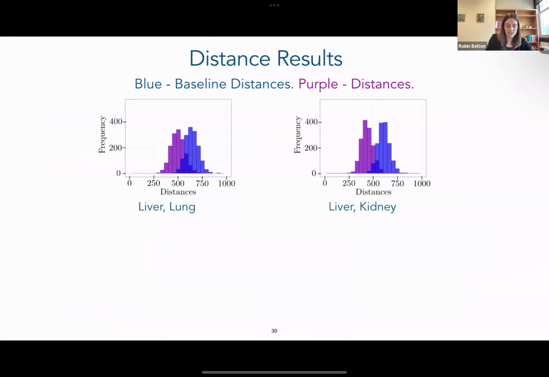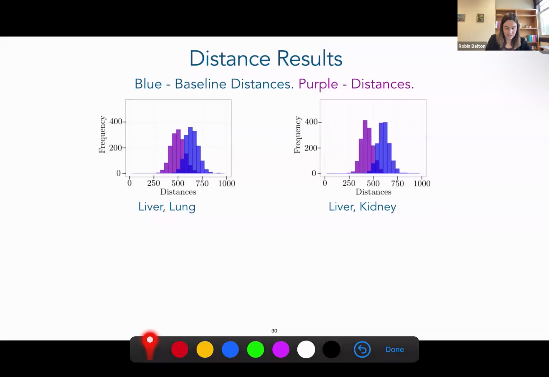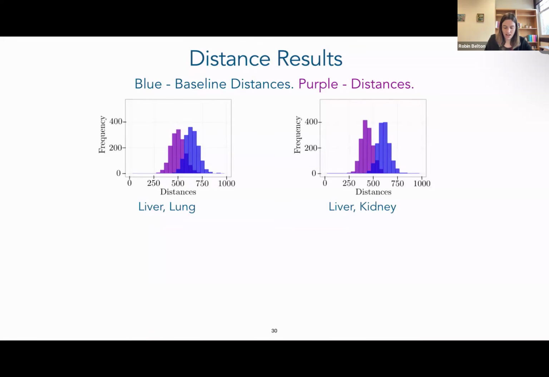So for our results, what I did here is first looked at the mouse tissue data, and I sampled 15 genes from liver, and then sampled the same 15 genes from lung, computed the extremal event DAGs, and then computed the distance and recorded it. And then I repeated that 1,500 times.